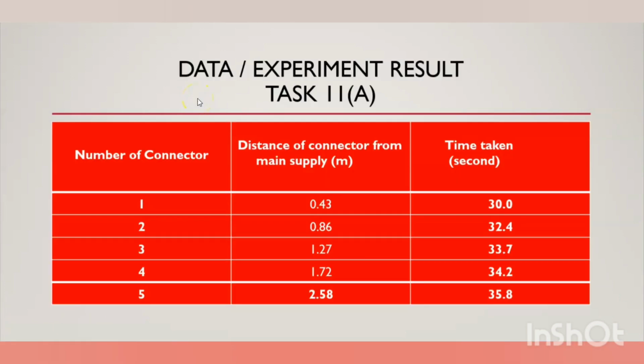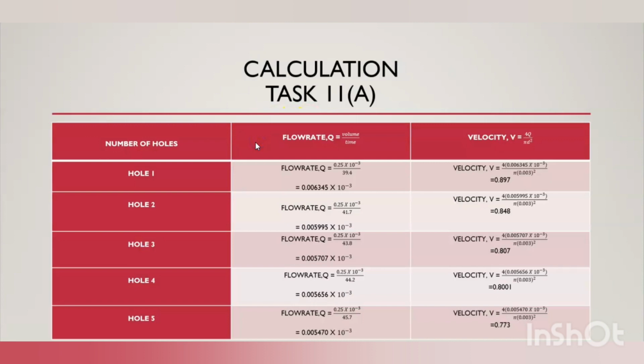For the data experiment result for task 2A, we collect the data of the distance of connector from main supply and the time taken in seconds. For the calculation for task 2A, we calculate the data from hole 1 until hole 5.